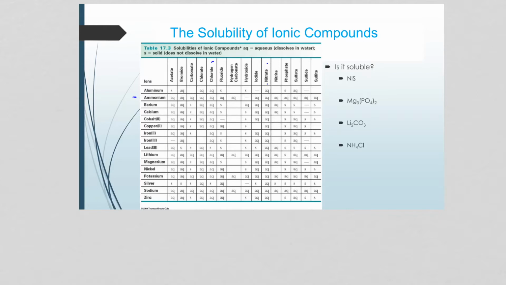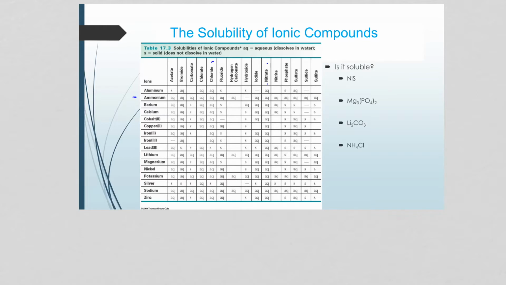So we can look at a couple quick examples that we can use our table to trace. So we've got nickel sulfide. I like to look for the negative ion, that's how I do it.